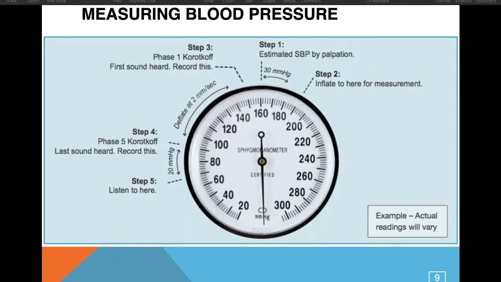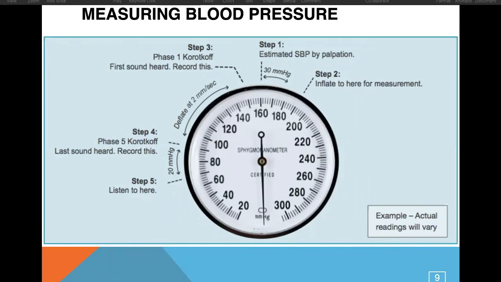The first time I feel that pulse, I'm going to record that number and completely deflate my cuff. And now I have a blood pressure of systolic by palp. So I'll write down that number. Let's say it's 148/P for palp.